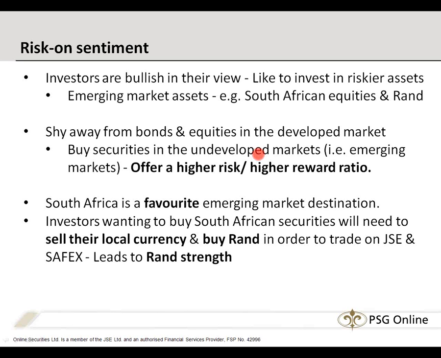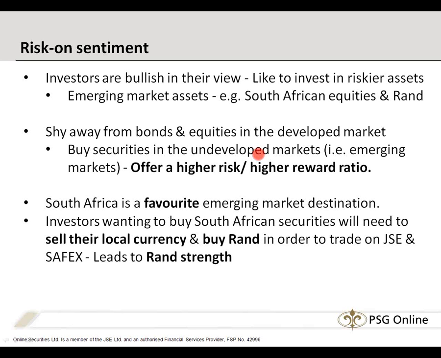So remember, they're shying away from the bonds and the equity markets in the States or in Europe. They're moving out of developed markets into the undeveloped or emerging markets. You're looking for something that's got a higher risk and higher reward ratio. That's what the guys are looking at in a risk-on environment.